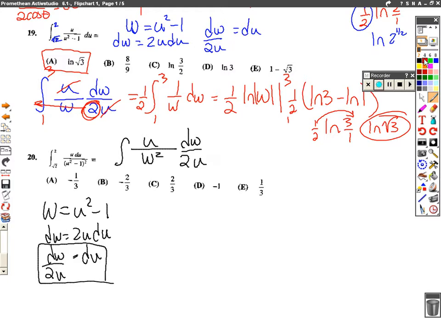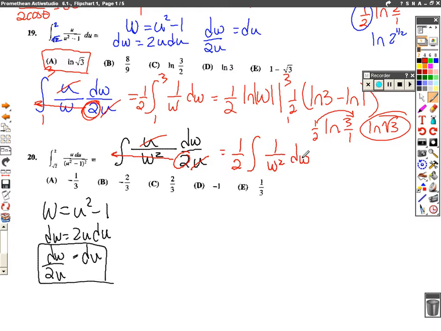And we're going to cancel out those u's that we had. I'm going to bring that 2 through now so I don't forget about it. That's 1/2 the integral of 1 over w squared dw.